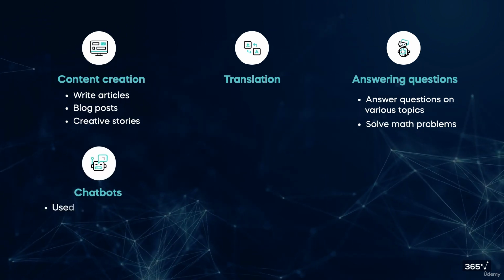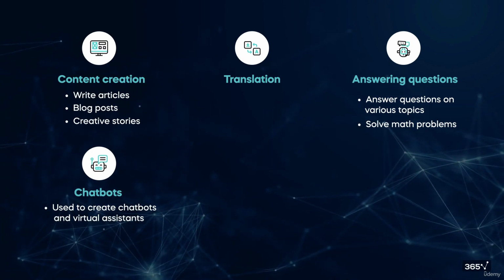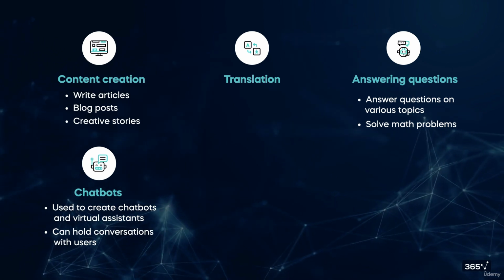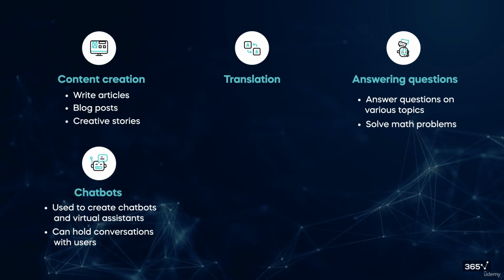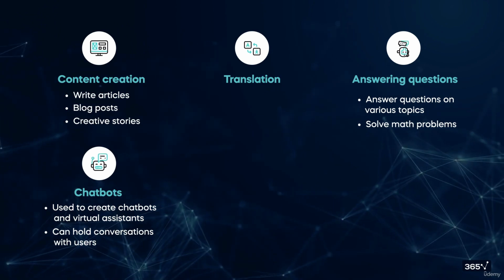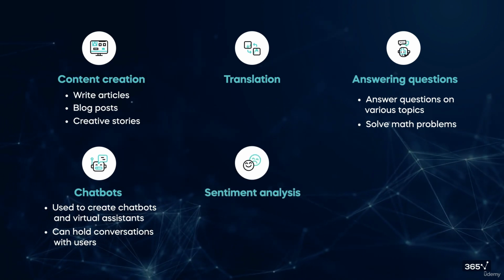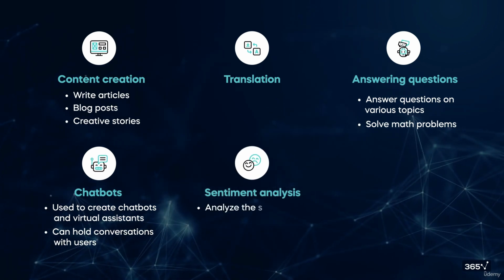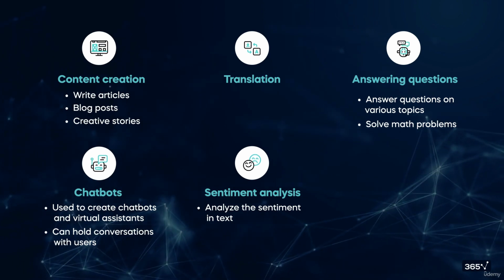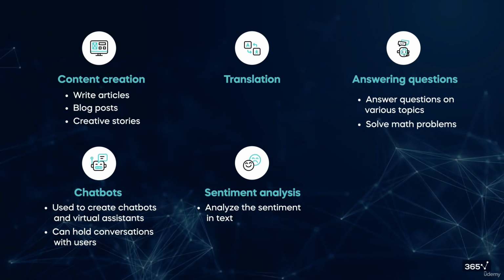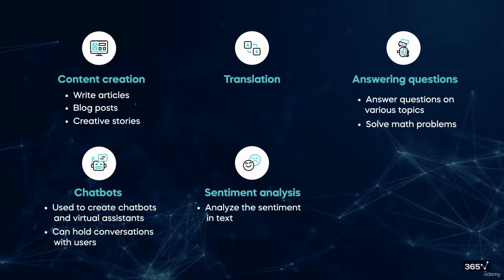You can also use LLMs to create chatbots and virtual assistants that can hold conversations with users and customers, answering common queries and assisting with tasks like setting reminders or finding information online for you. LLMs can even analyze text. So, for example, they can pull out the sentiment of a text, determining whether a piece of writing is positive, negative, or neutral in tone.